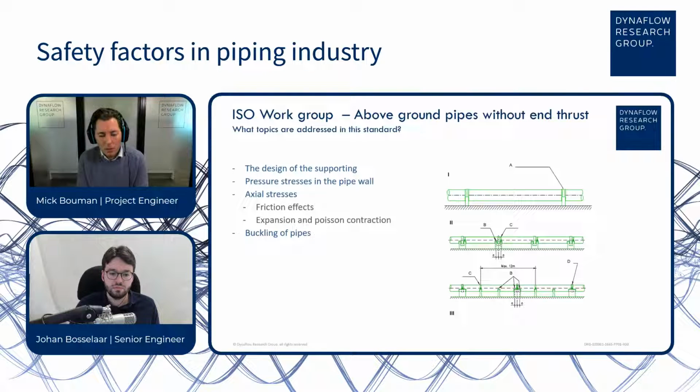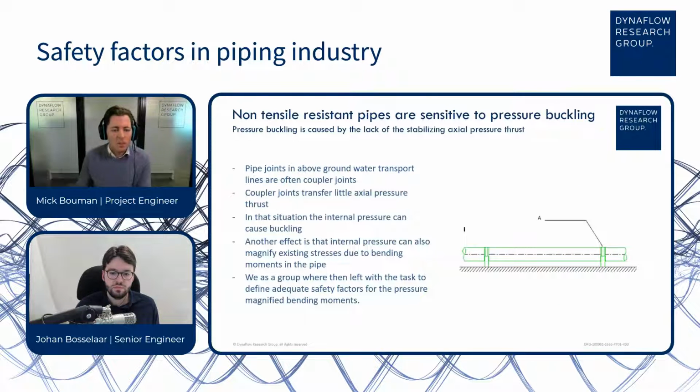But an important failure mechanism for these pipes is buckling, which we will treat a bit later on, because that is quite a non-intuitive subject. As I said, the various piping segments, which are quite often about 12 meters in length, are joined by coupler sections, or coupler joints, and they cannot transfer the axial load.